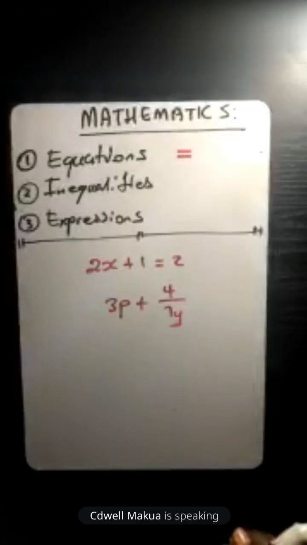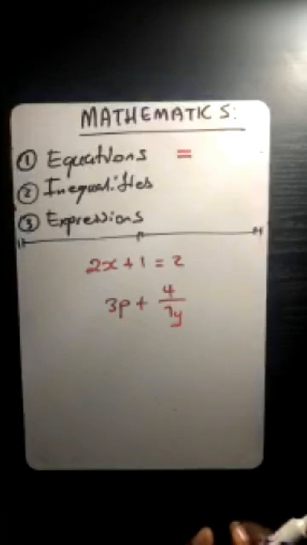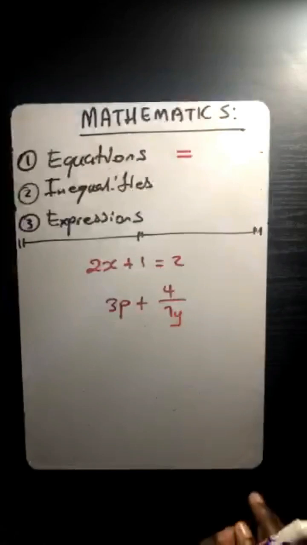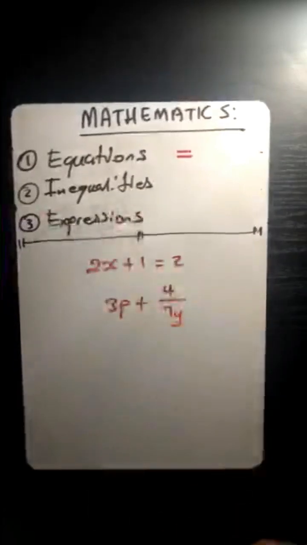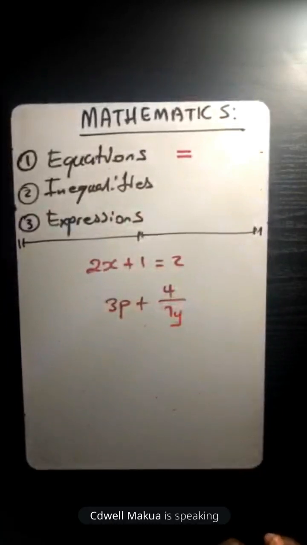Because it has no equal sign. Yes, 100%. So now we apply our inequality. So what makes it an inequality?